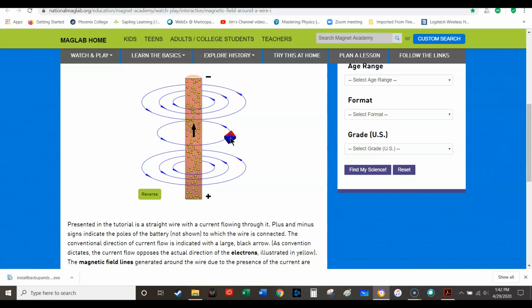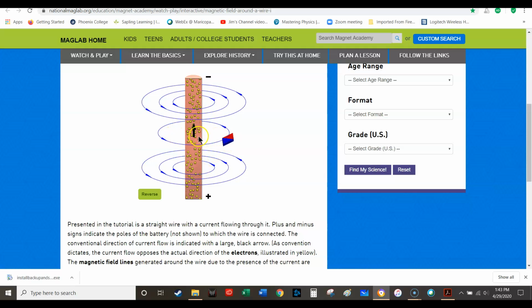Okay? So this link is a really cool link to illustrate the relationship between current and thus the electric field. The electric field would be pointed up in this case, and the current would be pointed up. The electrons are moving opposite the direction of that.